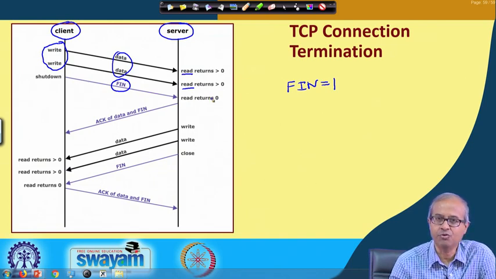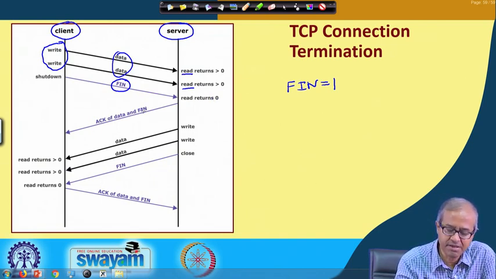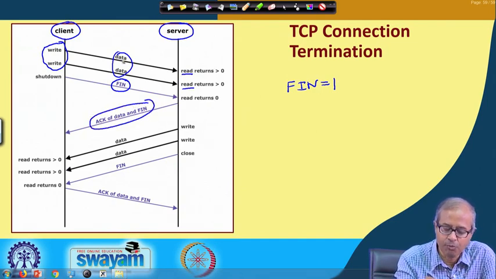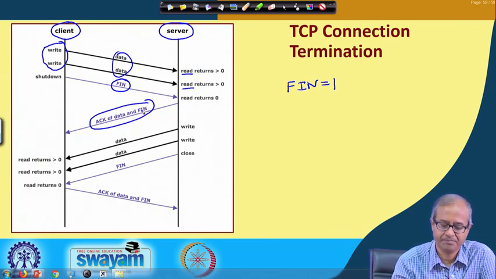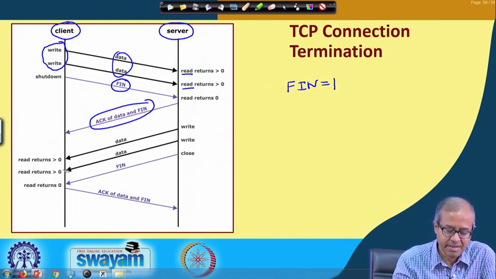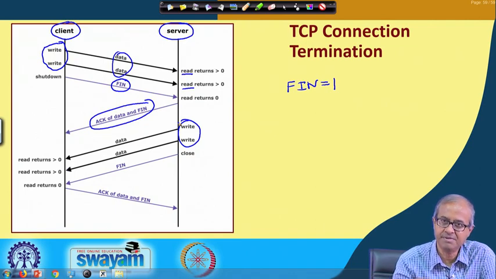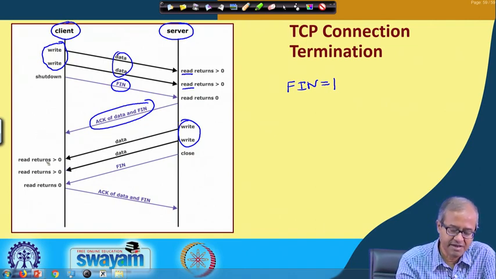What the server will do is send back an acknowledgement of both the data that it has received and also this FIN it has received, right. Then, in response to this data it has received, maybe the server is doing some final write, some data it writes back, and the client finally reads.